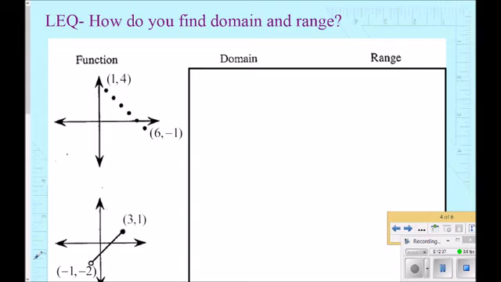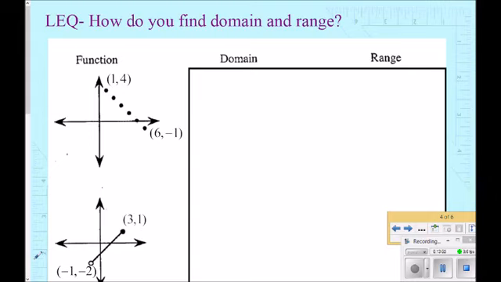So with domain, we said that's all of the possible x values. Well, you learned that there's 2 different ways to state domain depending on your graph, and range depending on your graph. Sometimes you're going to write the domain as an inequality, but other times you're going to write just the separate values. So it's important to understand when to do which. Here we have these separate points which are not connected.